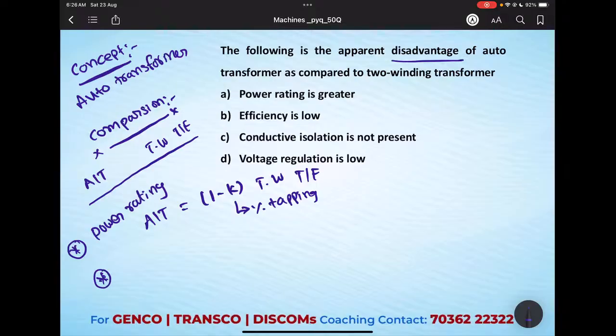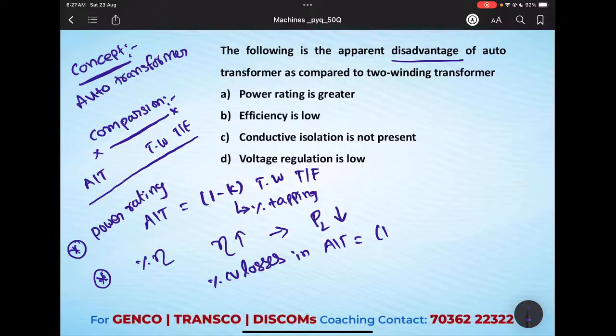Second thing is efficiency, percentage efficiency. Okay, see, in order to get high efficiency, we need to design our equipment for low losses. The losses should need to be less, then only we'll get the high efficiency. Coming to the percentage copper losses in auto transformer equal to 1 minus k times of 2 winding transformer.